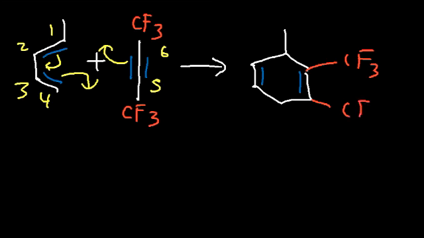CF3 groups. Now what you need to keep in mind is that because we have a ring and a double bond, these two carbon atoms are not chiral, so there's no cis or trans, and we don't have to worry about enantiomers and meso compounds and things like that, since we don't have a chiral center.